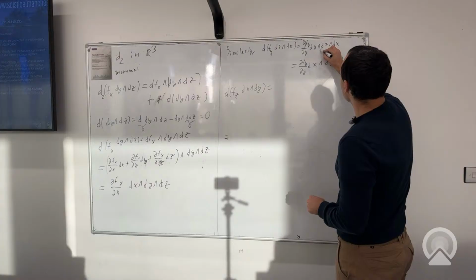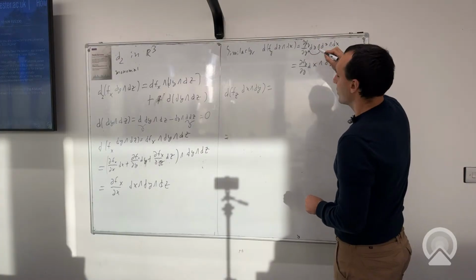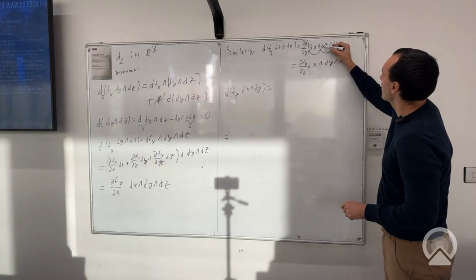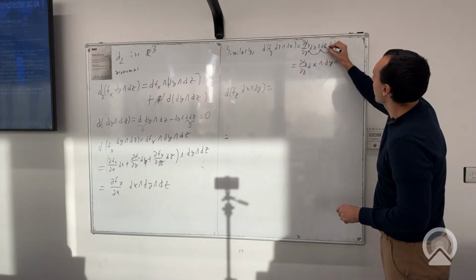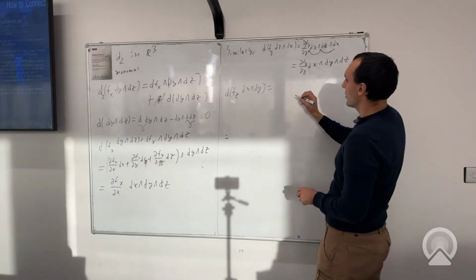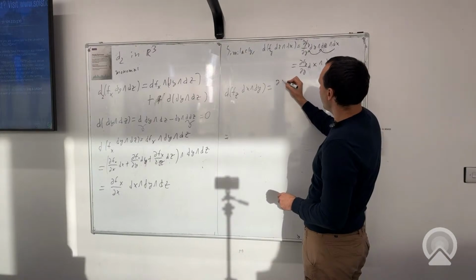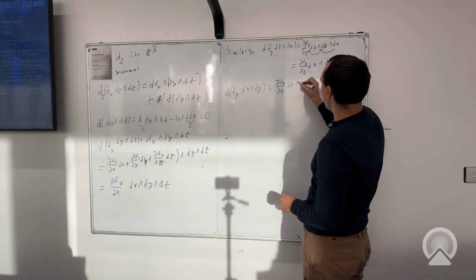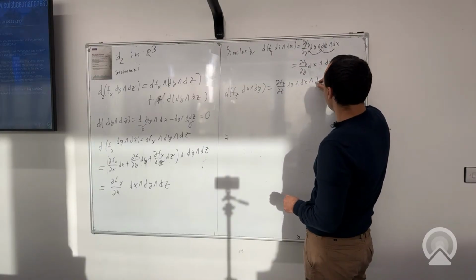So dx goes here and then goes here. And d of f z dx wedge dy. Now here we will have the partial of f z with respect to z, dz wedge dx wedge dy.